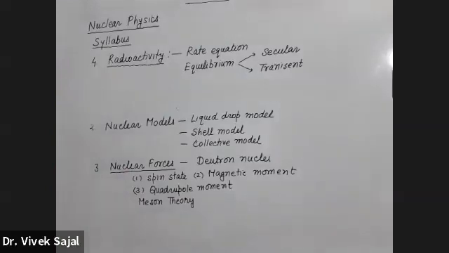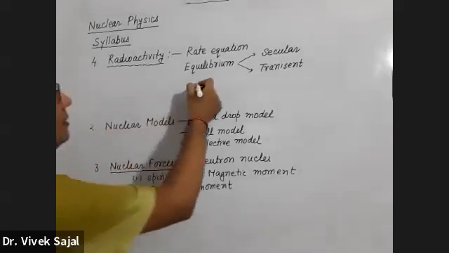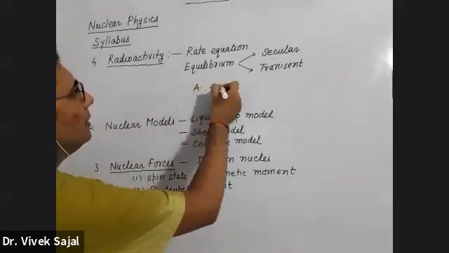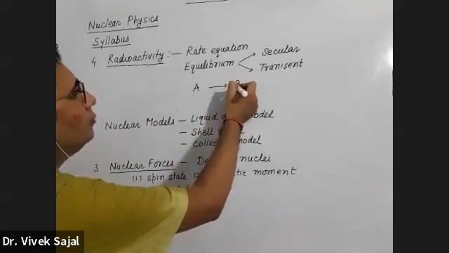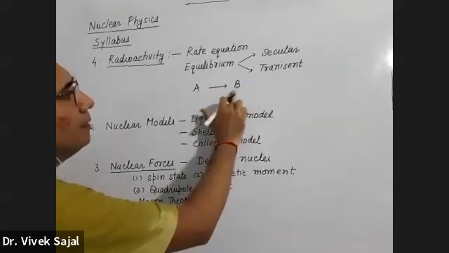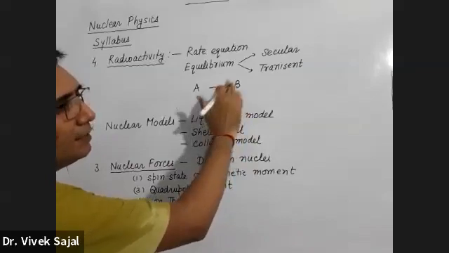First, we will consider radioactivity as a process, and with this process I will define the meaning of half-life, mean lifetime, and decay constant. We will be able to find out the number of nuclei after time t. It can be a one-step process, like A type of nuclei decaying into B, so we will calculate the number of B type of nuclei after time t.